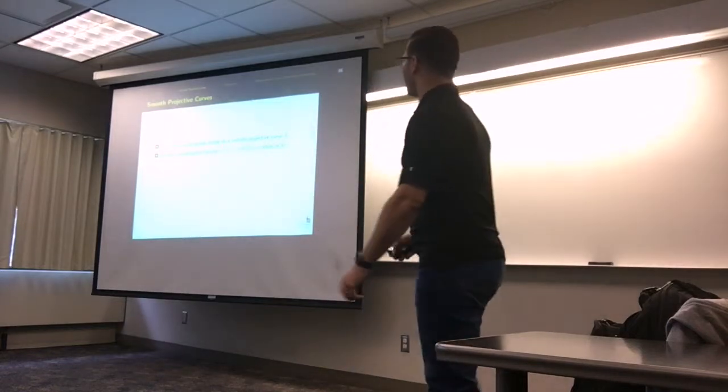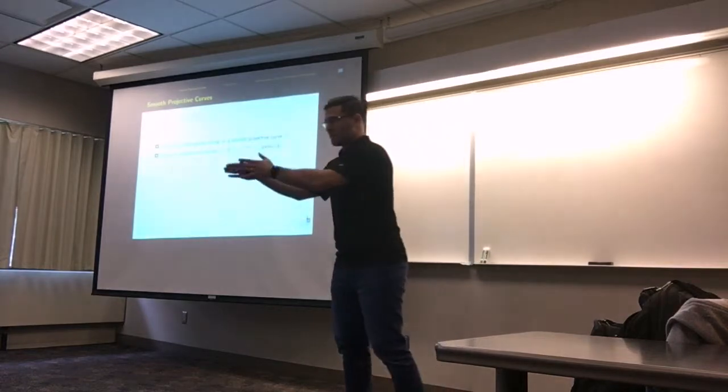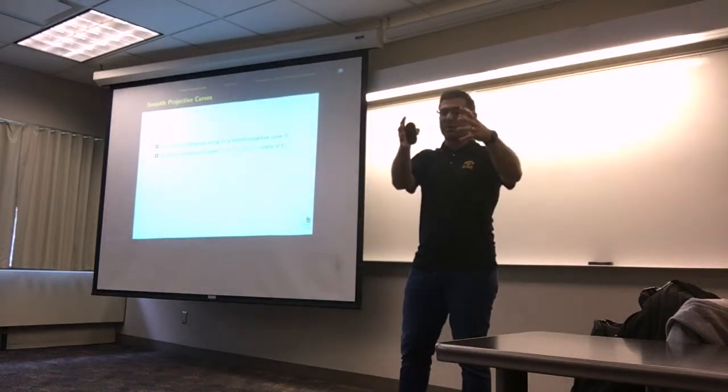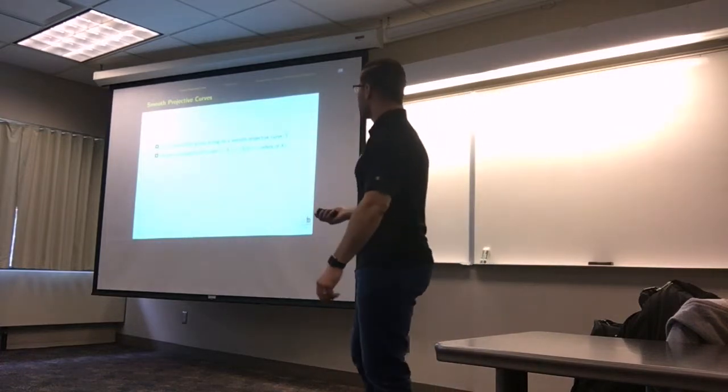Believe me. So if you break up the set X into this set of disjoint orbits, every orbit can be uniquely identified with a point in the projective curve.